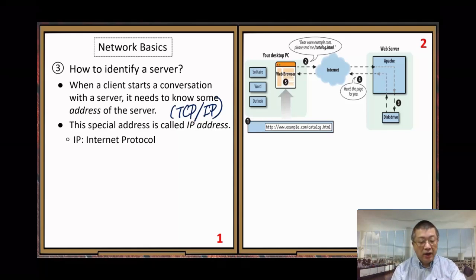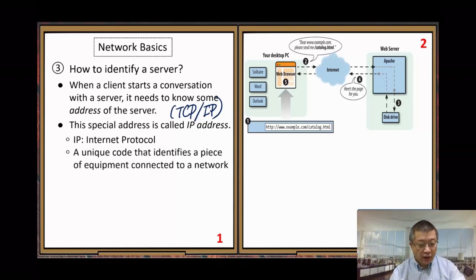And here, we use this Internet Protocol IP address concept. It is a unique code that identifies a piece of equipment connected to a network.